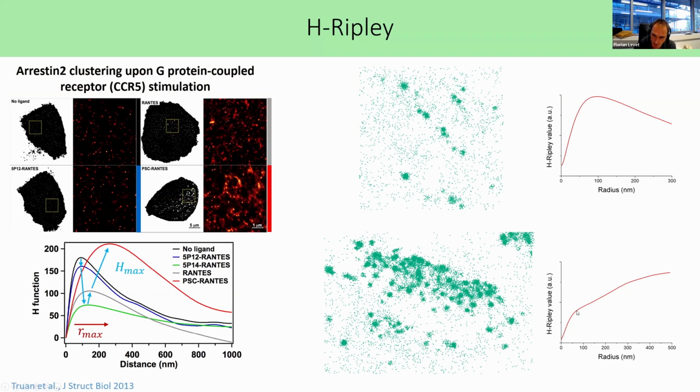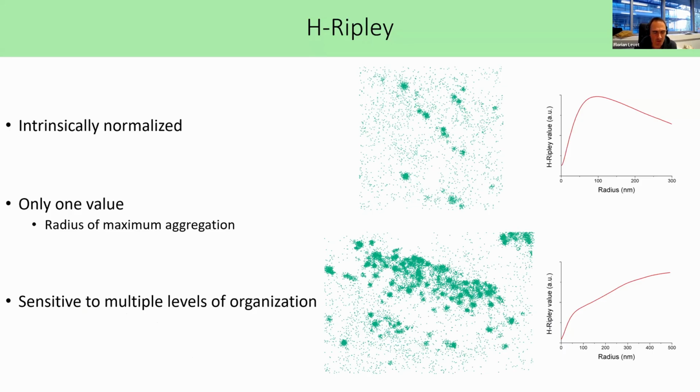Now you can see that the H function is not working very well, and there is no clear peak. So maybe we have some peaks that could be defined here, but this is very difficult to really see. You cannot really use the H function in this case.